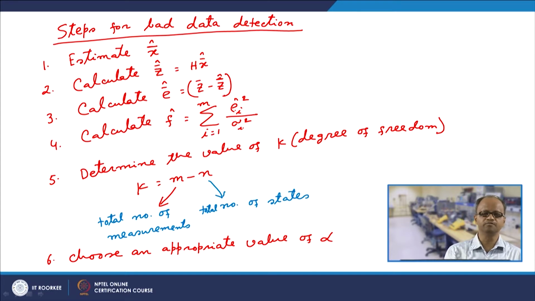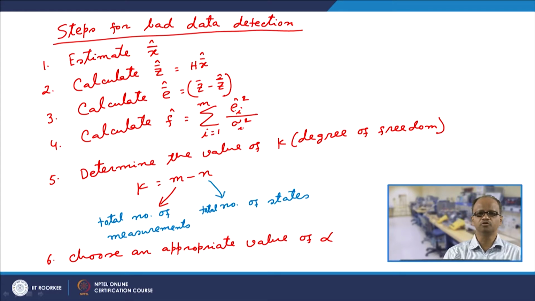This large difference will happen only if some measured data is absolutely erroneous, and that erroneous data makes all the estimated states quite erroneous, not at all close to their actual values, and because these estimated states are quite erroneous.